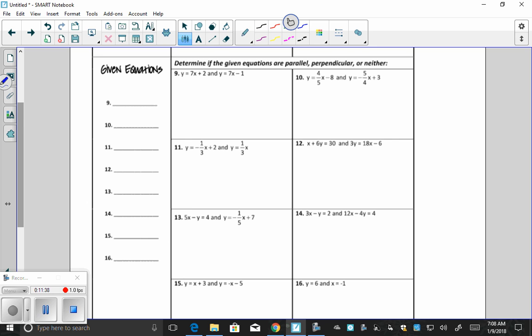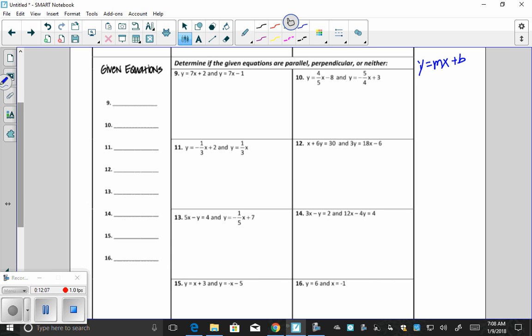Number 9. Determine if the given equations are parallel, perpendicular, or neither. The easiest way to do this is to make sure all your equations are in the form of y equals mx plus b, because that will give you an easy way to identify the slope.